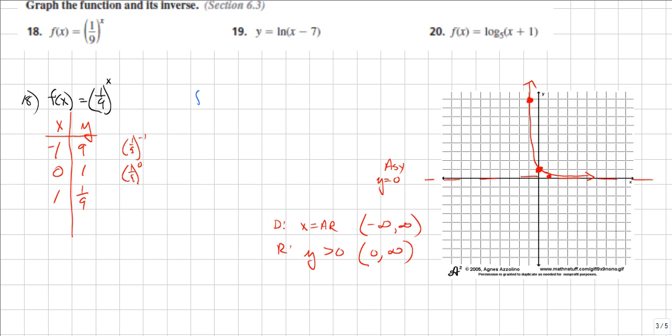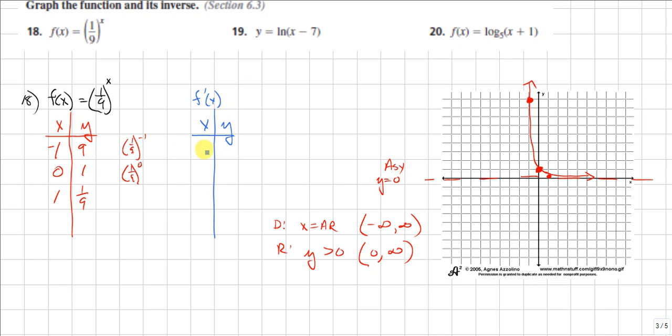So I'm going to have f to the minus 1, the inverse of x. What I'm going to have for my xy table are a change of values. This is the inverse. And I don't know what that equation is yet. We'll figure that out.